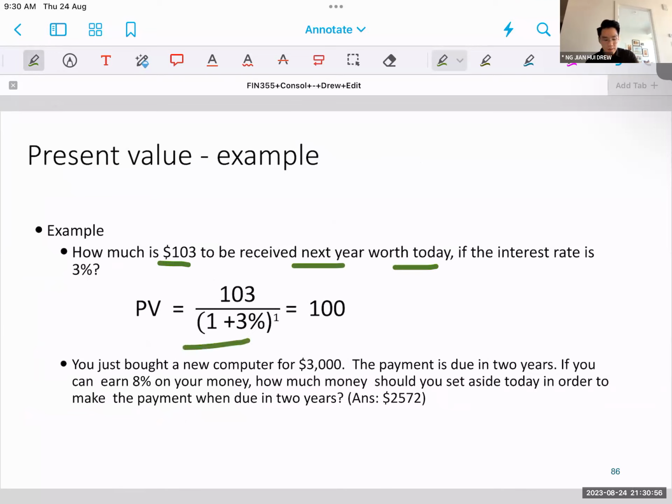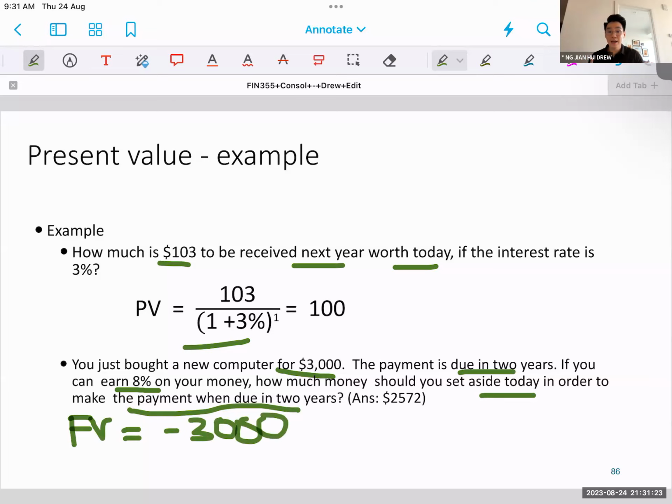There's another example. We just bought a new computer for $3,000. The payment is due in 2 years. You can earn 8% on your money. How much money should you set aside today in order to make the payment due in 2 years? In this example, your FV is negative 3,000.